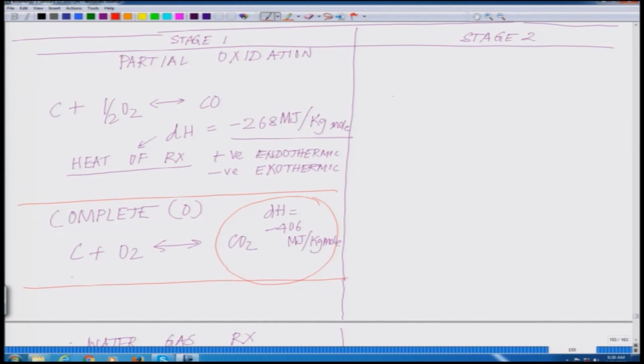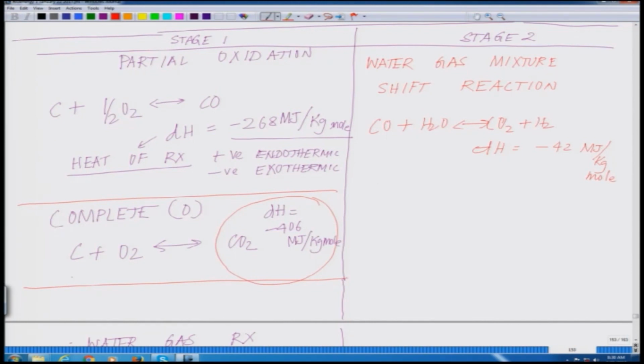In stage 2, the water gas mixture shift reaction takes place. What does that mean? It essentially means you have CO plus water becoming CO2 plus H2, and the heat of reaction for this is minus 42 megajoule per kilogram mole.